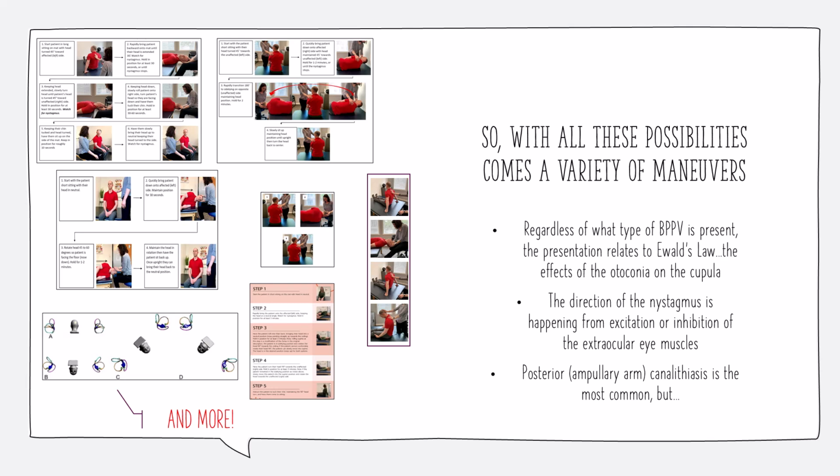For instance, the literature recommends the Gufoni for geotropic or posterior arm horizontal canal lithiasis, but you may like to do the 360 or the 270 or the modified Zuma. And now, most recently, a maneuver has been released that states it can address all canals. So this is certainly an evolving field.